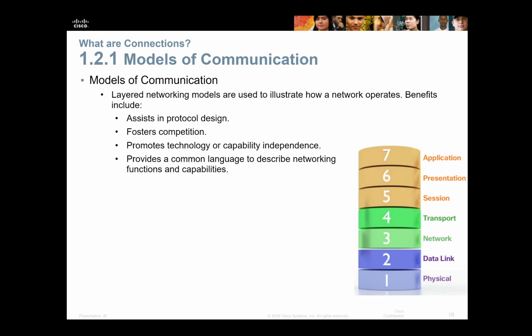Everything is on top of each other, and then there are basically 6 interfaces. So practically the application cannot directly go to the data link, or the session cannot directly go to the network layer, but there are these interfaces in between, which are called drivers. Different level drivers.